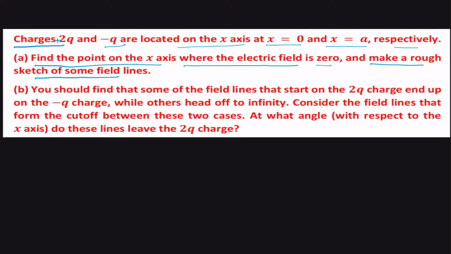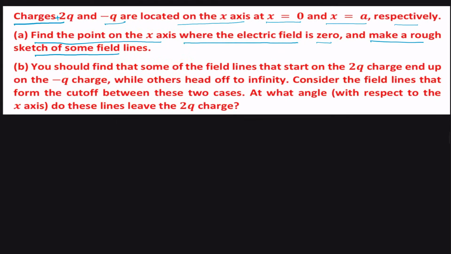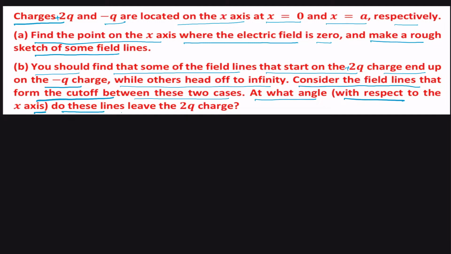The sketch is not required as such, and you should find that some of the field lines that start from the 2q charge end up at the minus q charge, while others head off to infinity. Consider the field lines that form the cutoff between these two cases. At what angle with respect to the x-axis do these lines leave the plus 2q charge? Okay, so let us discuss part A and then we come to part B.